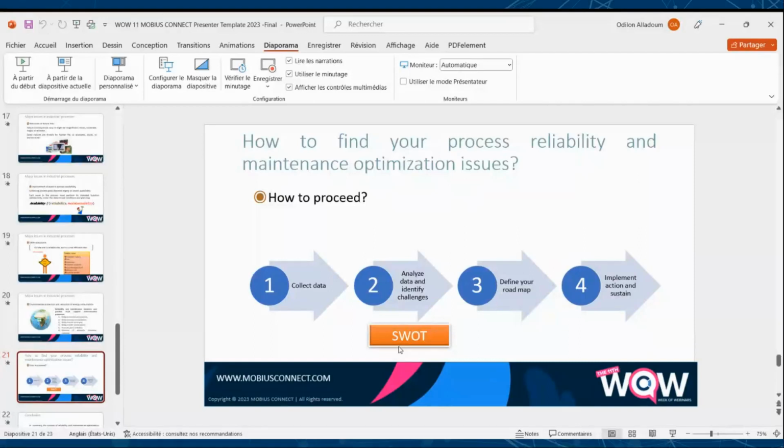For each action or step, we will allocate resources like labor, time, material, and financial resources for the execution. We must also define when we implement our strategy.